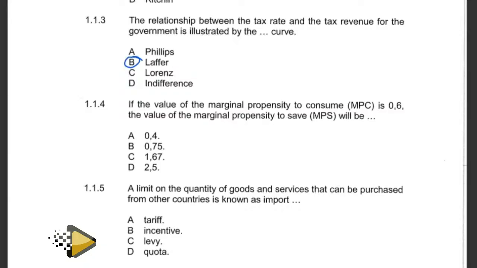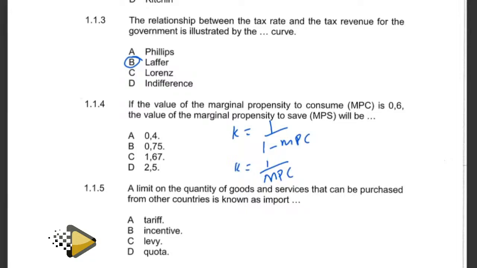Okay, right. So now, if you still remember, grade 12s, whenever we calculate the multiplier it is always 1 minus the marginal propensity to consume, or also we can use the formula 1 over marginal propensity to save.